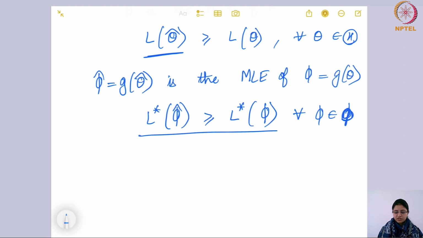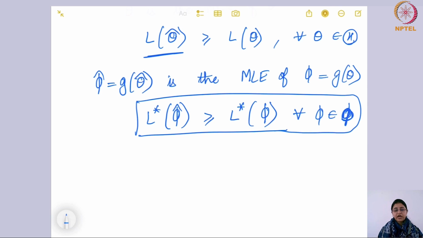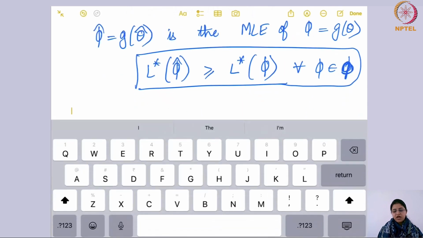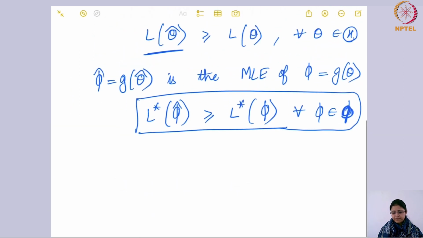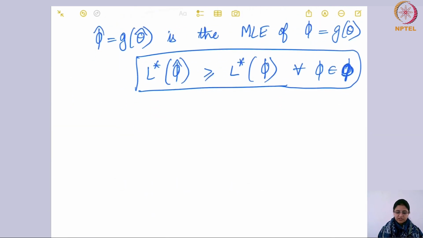Because if this is the MLE, the likelihood function corresponding to this has to be greater than the rest of them.